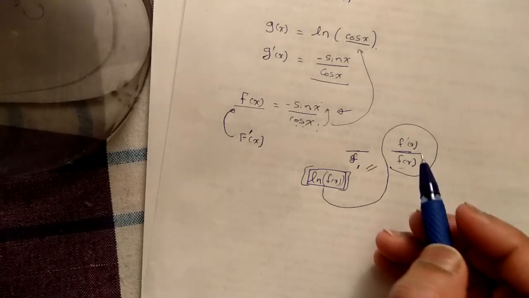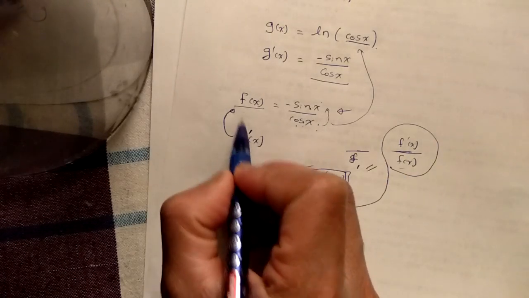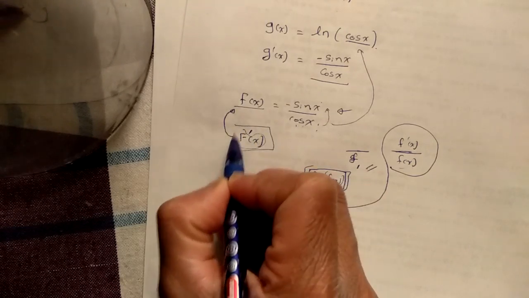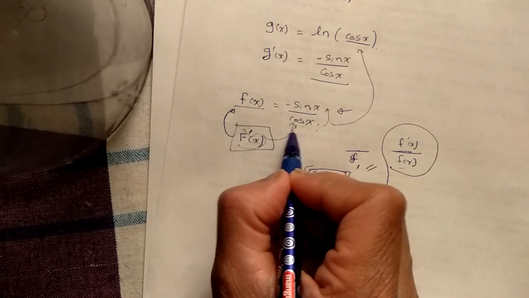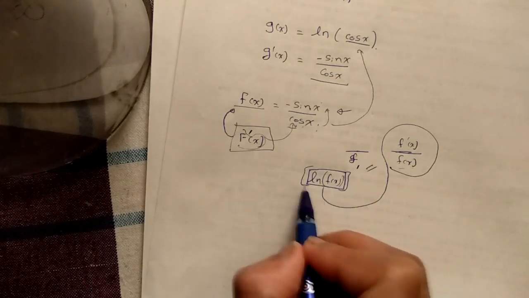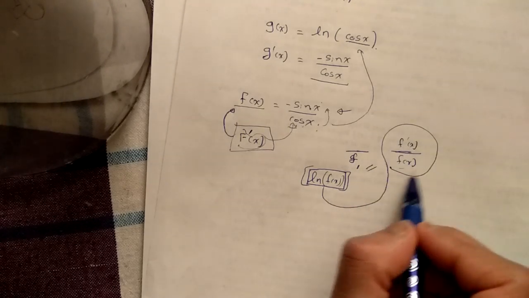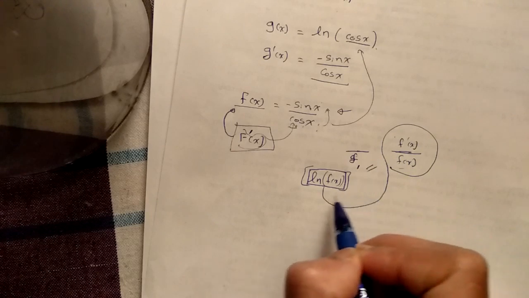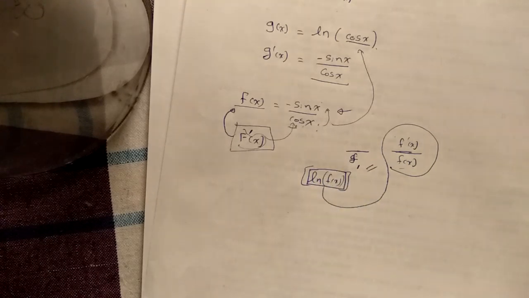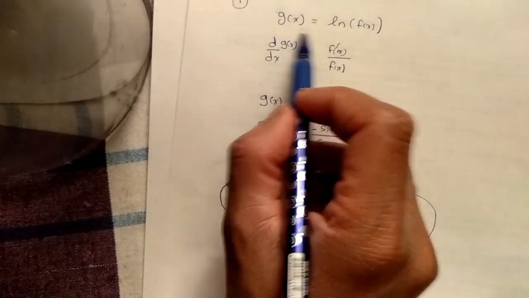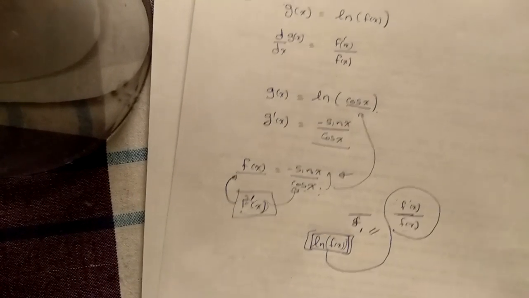What do we mean by the antiderivative? We need to find a capital F, so that when you differentiate the capital F, you should get the initial function as the answer. So when you differentiate this one, you will get this as the answer. So the antiderivative of this one is equal to this function. So all these things are based on the derivative of ln f(x).